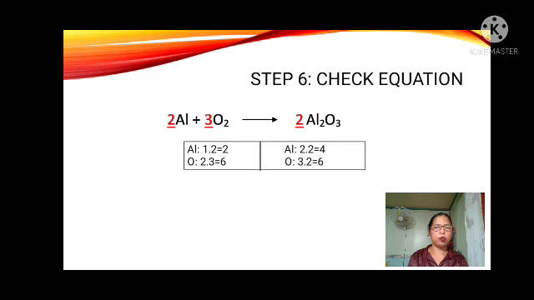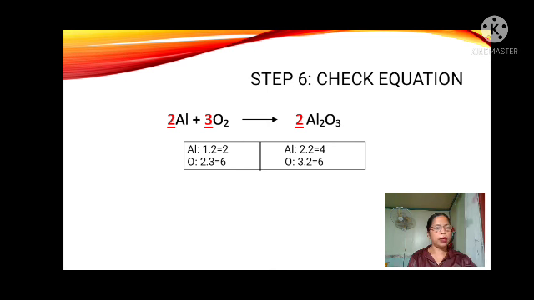So we have here aluminum: 1 times 2 is 2. Oxygen: 2 times 3 is 6. On this side we have aluminum: 2 times 2 is 4. And oxygen is 3 times 2 is 6. So we still have an unbalanced element, aluminum. Since aluminum has only 2 atoms on the reactant side and 4 atoms on the product side, aluminum is not yet balanced. So what are we going to do?